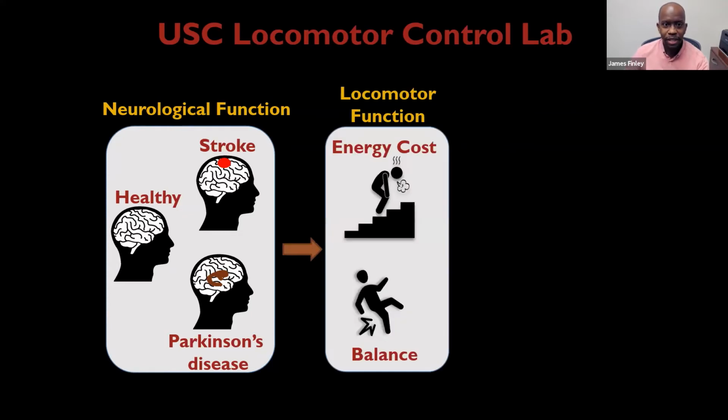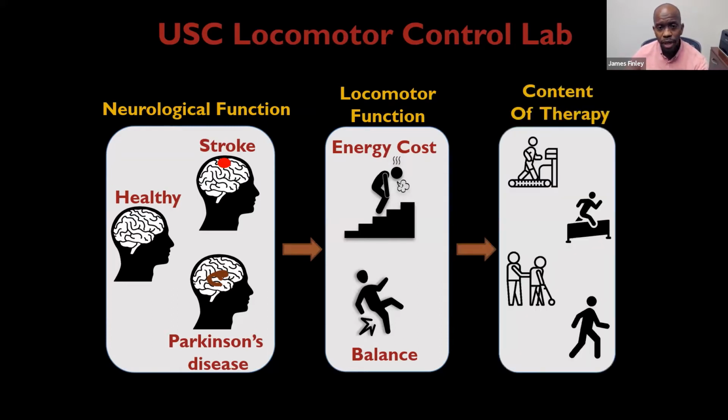So we think about things like energy cost and balance control, and how those change when we move in different ways. And ultimately, we like to use some of this more fundamental knowledge to really inform what I like to refer to as the content of therapy. So we try to move our work along this translational pipeline.